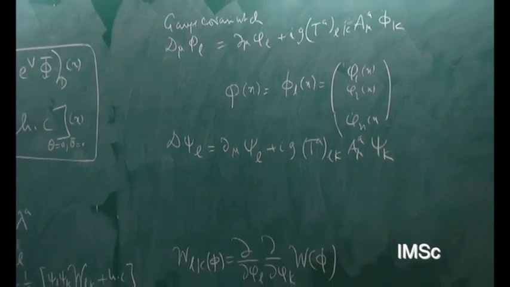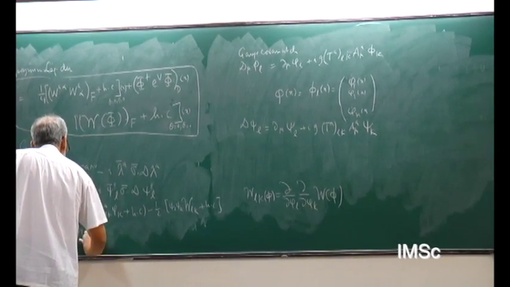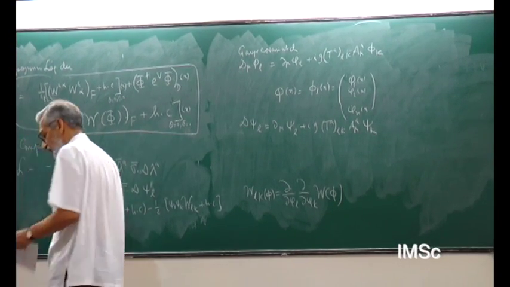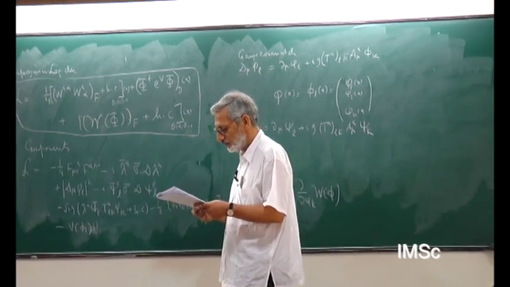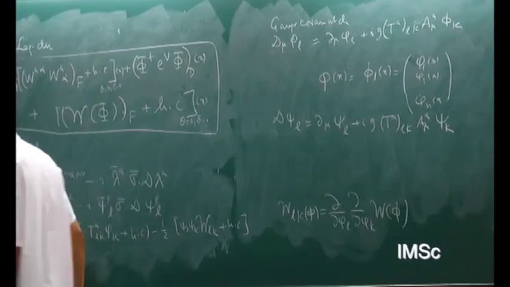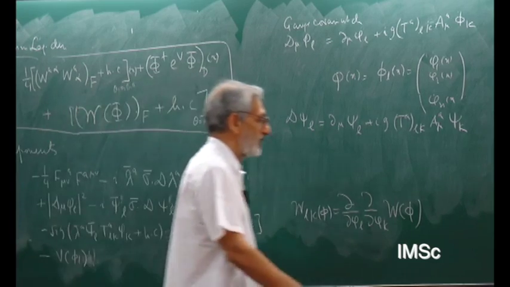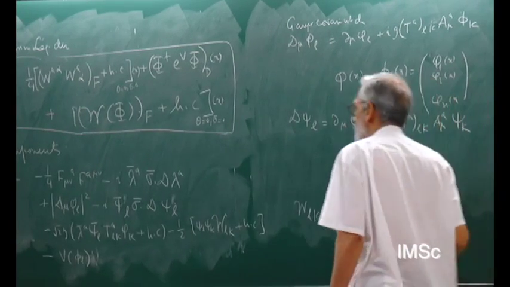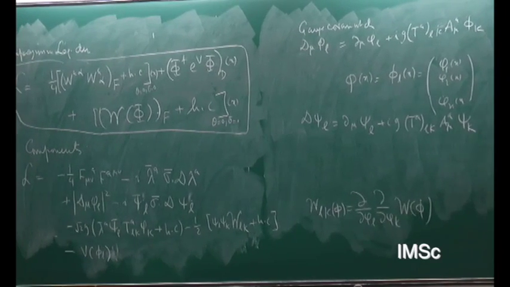minus V(φ_L), which is the potential. Again, we have eliminated the auxiliary fields. Let me write down the equations of the auxiliary fields.